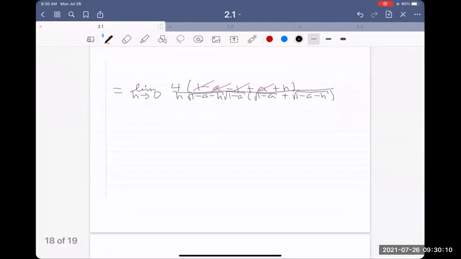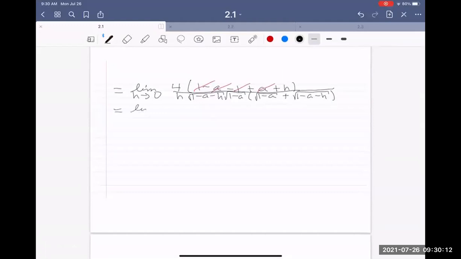So this is equal to the limit as h approaches 0 of 4h over lots of stuff in the denominator. h, radical 1 minus a minus h, radical 1 minus a, radical 1 minus a, radical 1 minus a minus h.